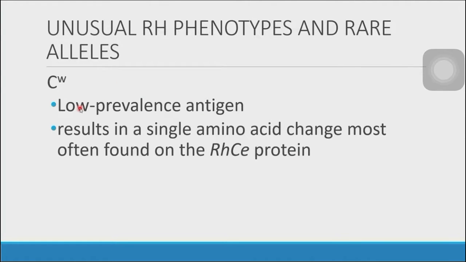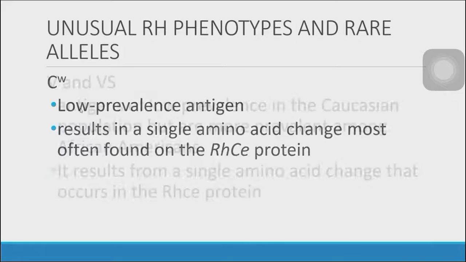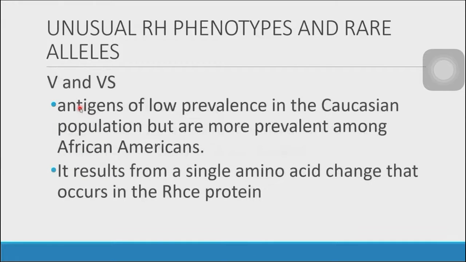So usually if meron kang antibodies towards CW, readily available yung blood dito, kasi low prevalence antigen itong CW. Next, for V and VS antigen. Same with CW antigen, they are antigens of low prevalence, present in the Caucasian population but more prevalent among African American.